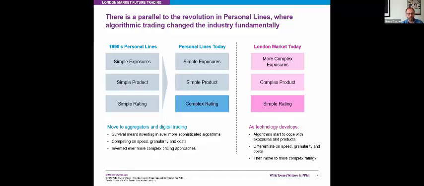And we've seen, haven't we, how rating is now far more complex, and we're seeing the echoes of that now happening within the commercial market, which actually has quite simple rating structures. The complexity in commercial is more around the exposures and the product, but we are now expecting and beginning to see a move towards more complex rating using the decision engines and pricing solutions that we provide.